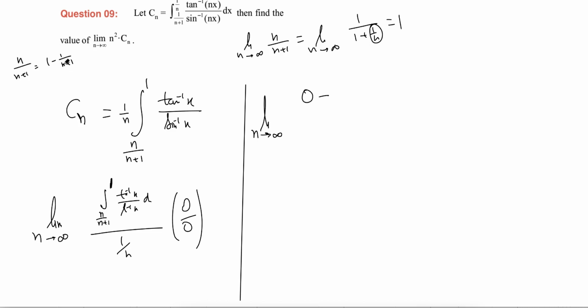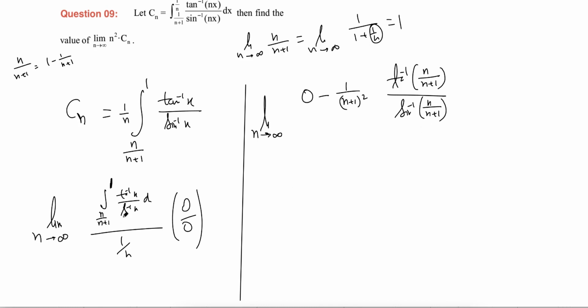So this differentiation will be 1 by n plus 1 whole square, into the function of this: tan inverse n by n plus 1 divided by sine inverse n by n plus 1.